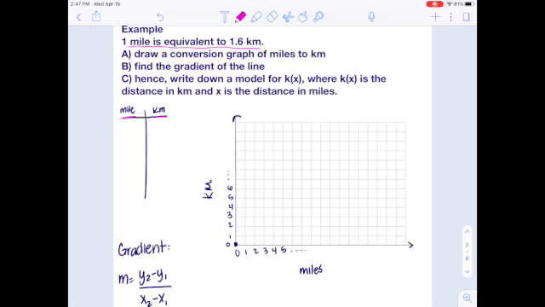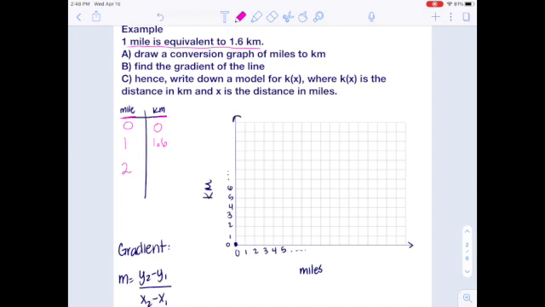And we're going to input what we know. What do we know? 1 mile is equal to 1.6 kilometers. Now, go backwards just a smidge, right? If I had 0 miles, how many kilometers would I have? Of course, 0.